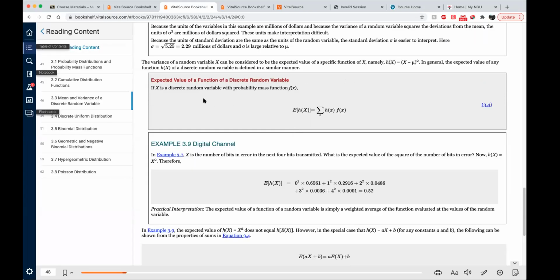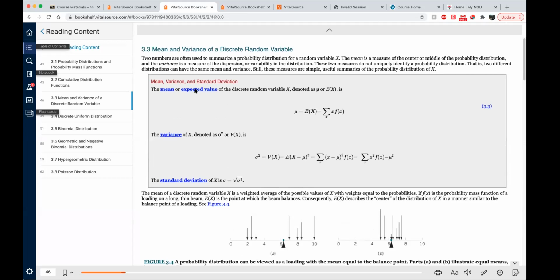Now look at this. The next one is a little bit of a second version of the expected value: the expected value of a function of a discrete random variable. First we learned the expected value of just the random variable x.